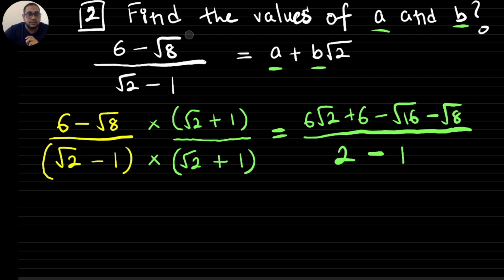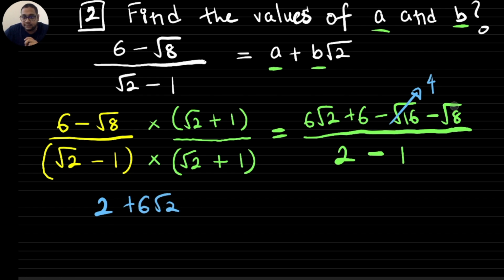Then moving on to the next line, I have to identify the like terms. In this case, I'm going to write this as minus 4. That will be easy for my further calculations. We have positive 6 and minus 4. That will give you 2. And we have plus 6 root 2.